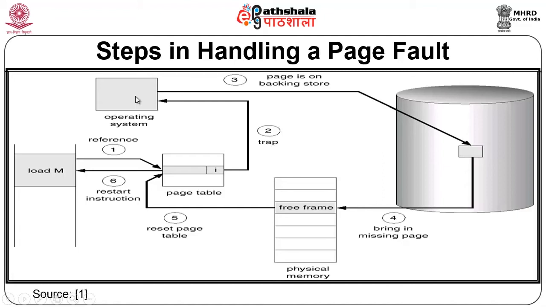The operating system finds that it is marked invalid because the page is kept in the backing store. So, it gets this page from the backing store, brings the missing page into the physical memory by finding a free frame, then resets the page table to say that this is a valid one, and then the instruction will be restarted.